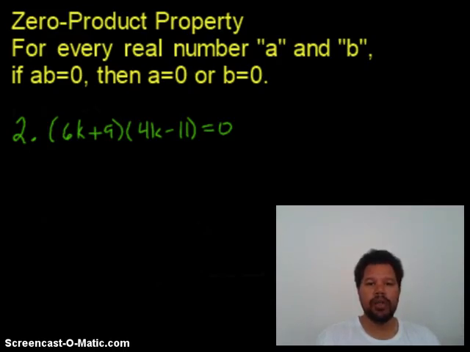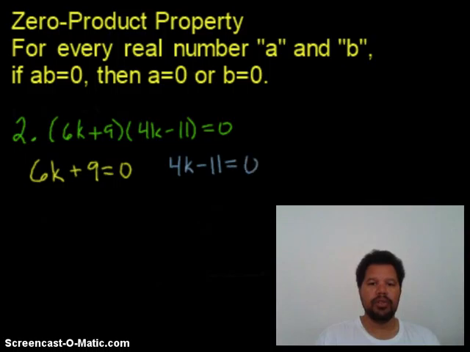We have a product of two quantities that equals 0. So according to the property, either one of them could equal 0. So let's split it into two equations: 6k plus 9 equals 0, and 4k minus 11 equals 0.